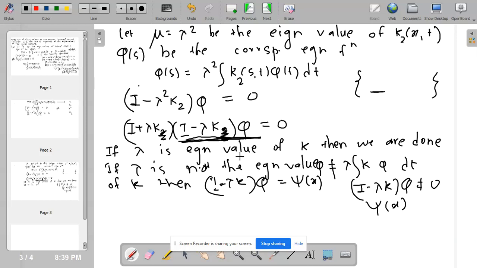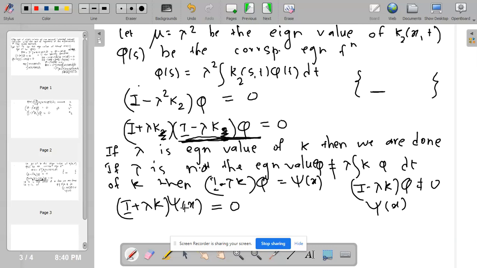Then what equation will we get from here? We will get (I plus lambda k) of xi of x equal to 0. Now, if this equation is equal to 0, what does that mean?